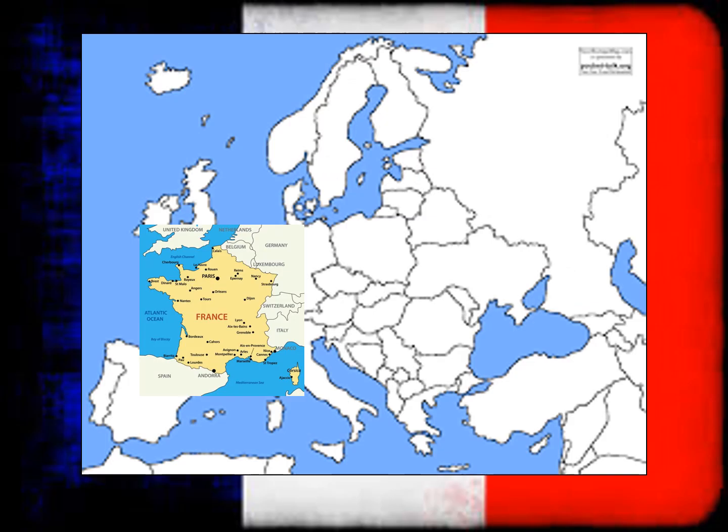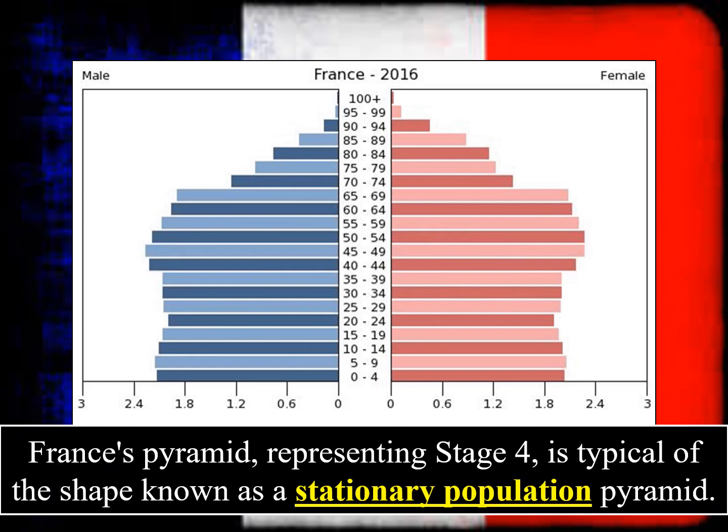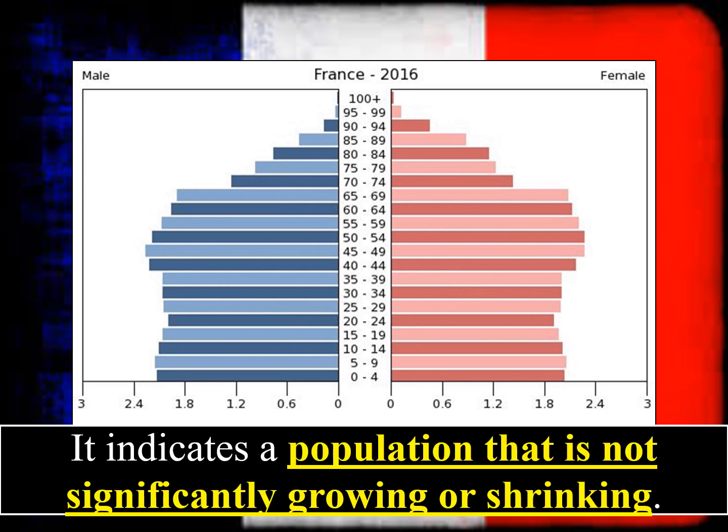Now let's take a look at the Western European country of France. France's pyramid represents stage 4. It is typical of a shape known as a stationary population pyramid. Each generation we can see is pretty much the same as the last, meaning population isn't really growing or decreasing. So again, that indicates a population that is not significantly growing or shrinking.